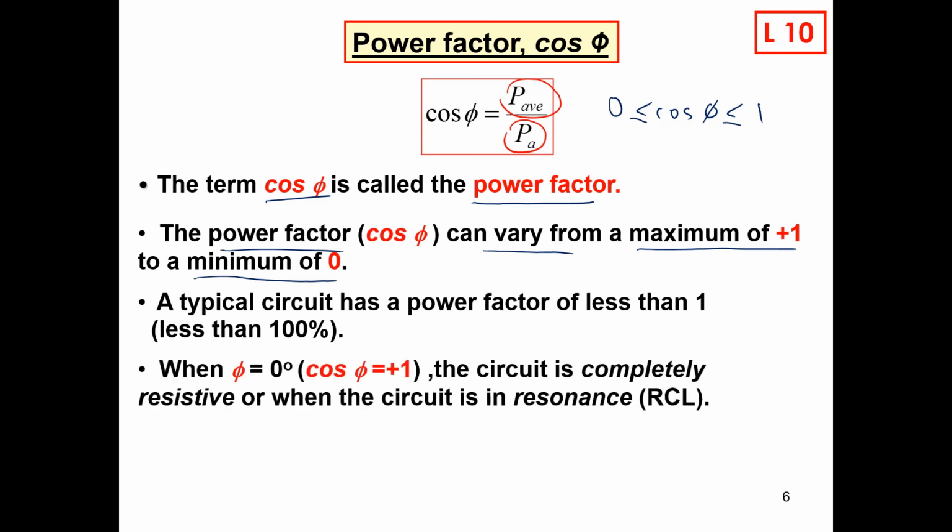When phi is equal to 0, or cos phi equal to 1, or power factor is equal to 1, it means the circuit is completely resistive, or the circuit is in resonance. So when the value of cos phi is equal to 1, it means the circuit is in resonance. Resonance occurs in this situation.